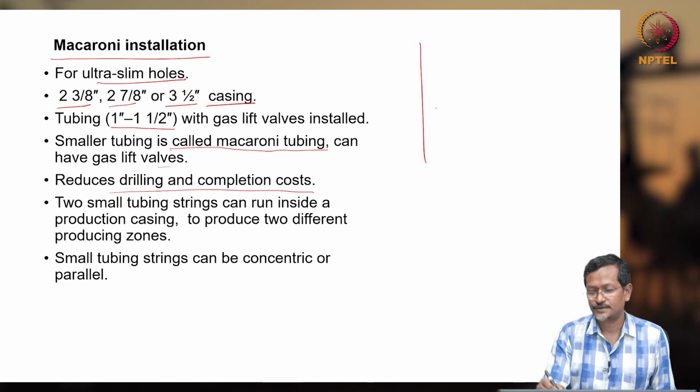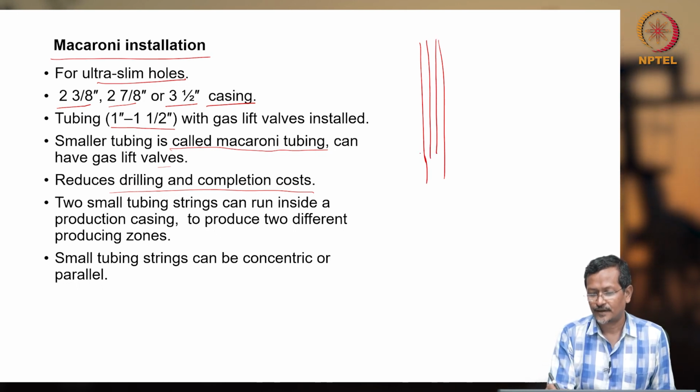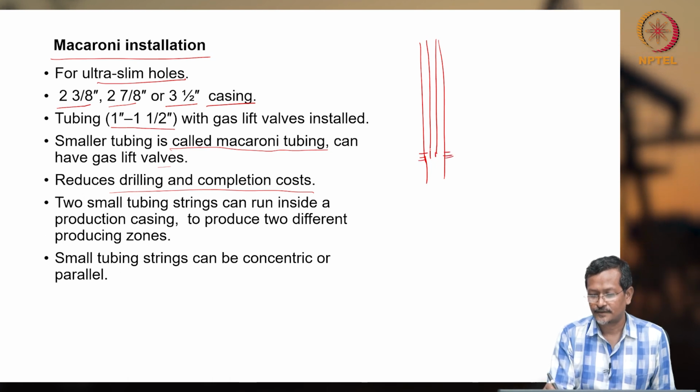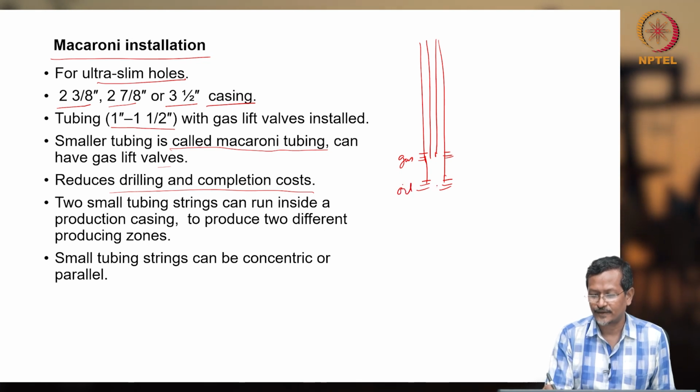Okay, let us say this is the wellbore and I have one tubing here and I have perforated this area. I have another zone, another production area, maybe this one is gas and this one is oil, and you want to get production from here also.